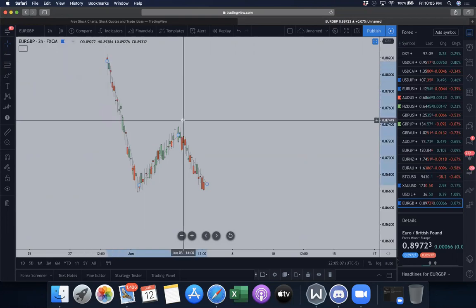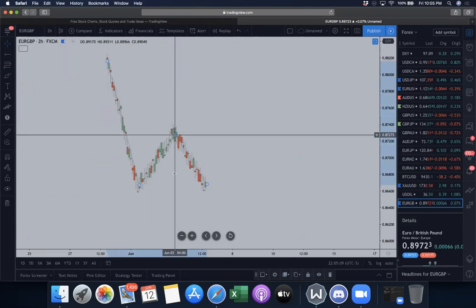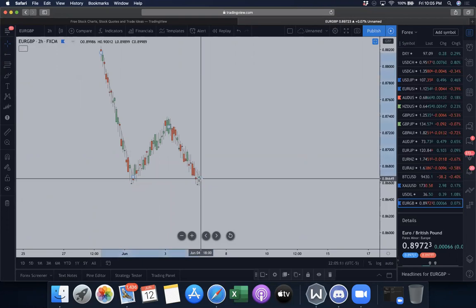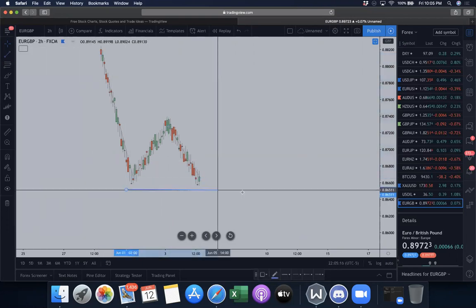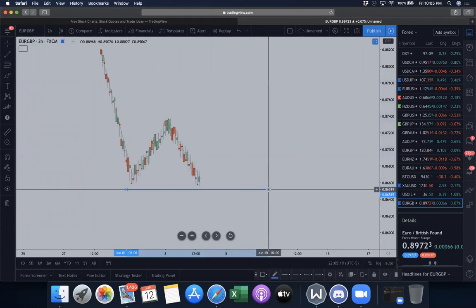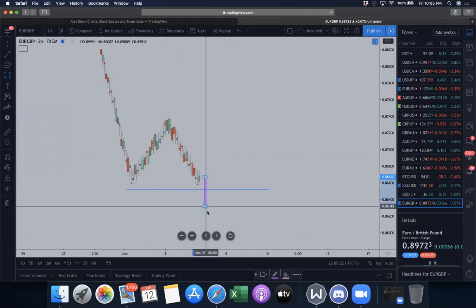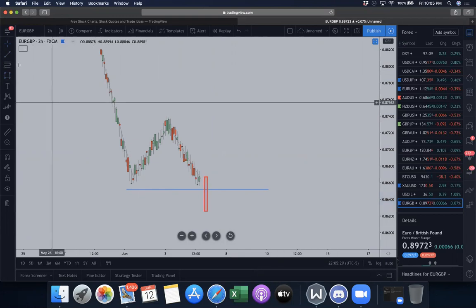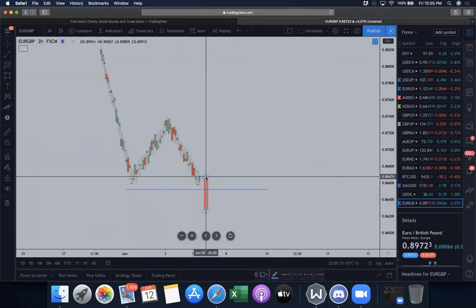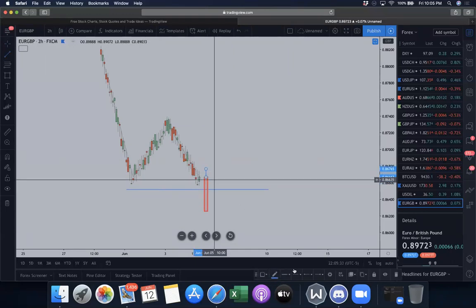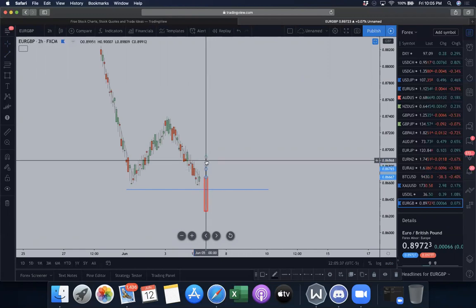Okay, so if we were looking at this double bottom here, we know that the liquidity is under the equal lows. So once this liquidity is grabbed, we have our down candle through the lows, and I'm going to have to draw wicks this time on everything, so it might take a little longer. So we have our candle like this.